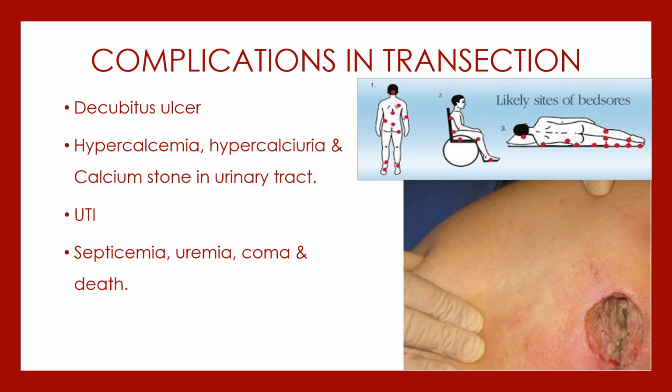So that is because of the paralysis of the urinary bladder. Septicemia, uremia, coma, and death. So this can be because of the severe urinary tract infection or any secondary bacterial infections.